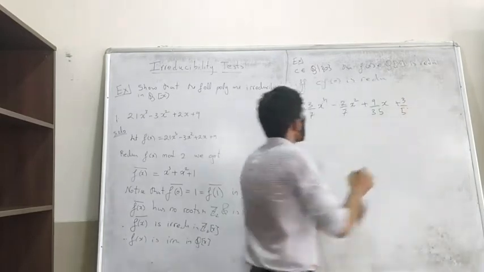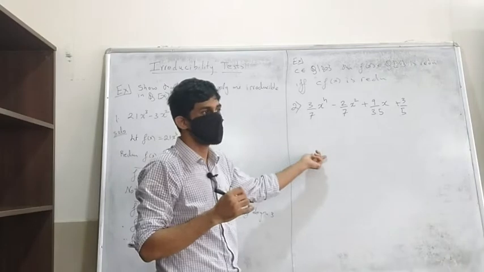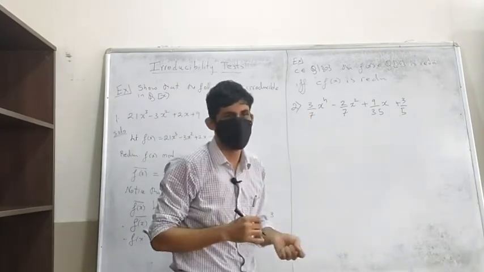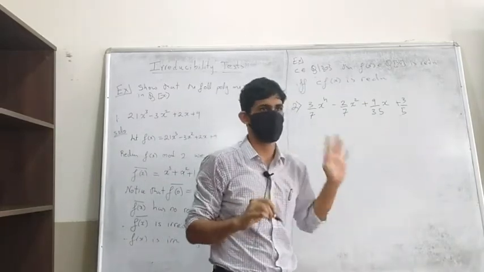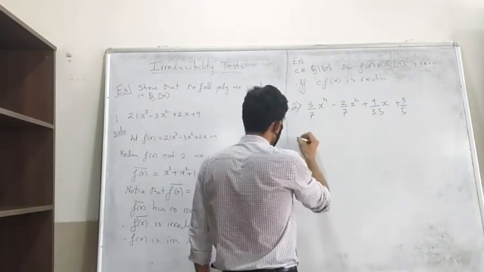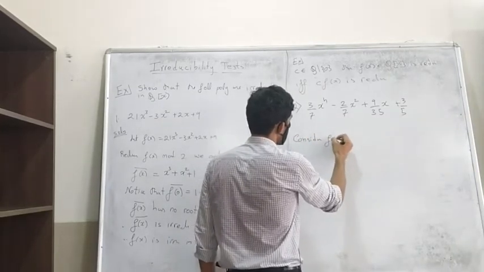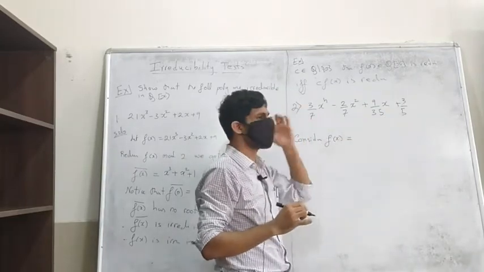Slightly different trick. Showing that this is reducible is equivalent to showing that any constant multiple of this is reducible. So what should I multiply? 35, the LCM of the denominators. That's the natural choice. So let's consider f of x to be this multiplied by 35. When we multiply this throughout by 35, what do we get?